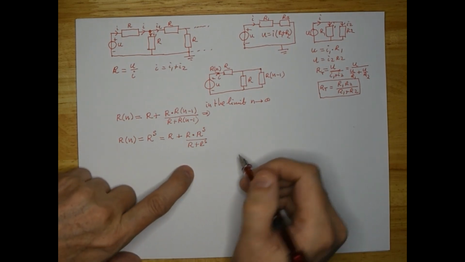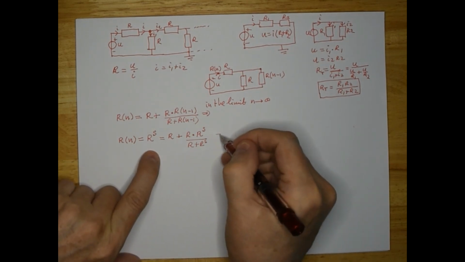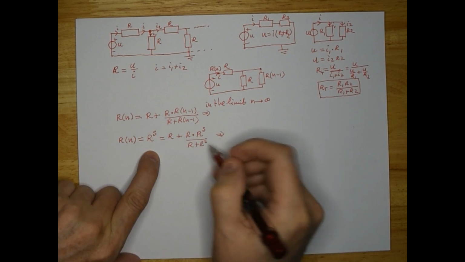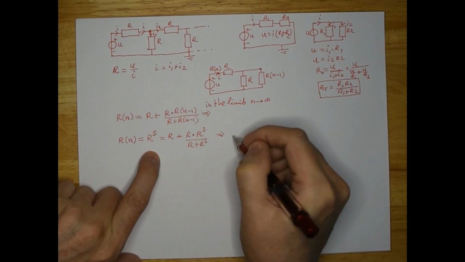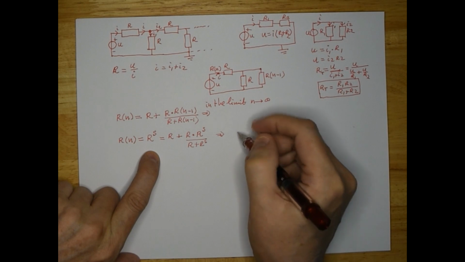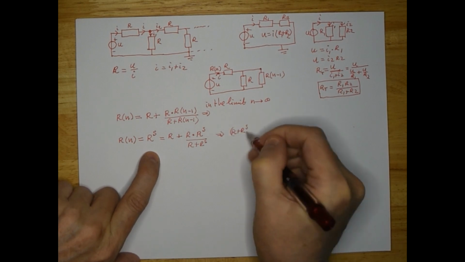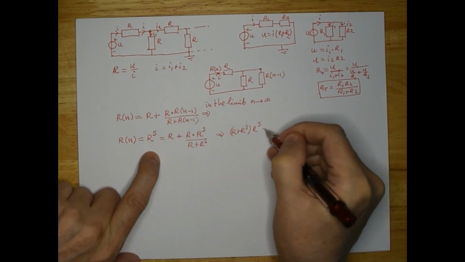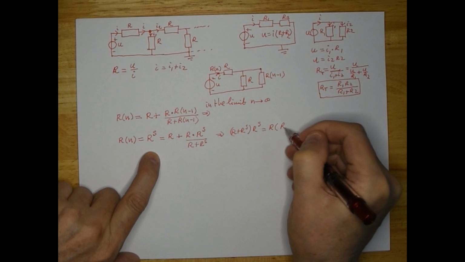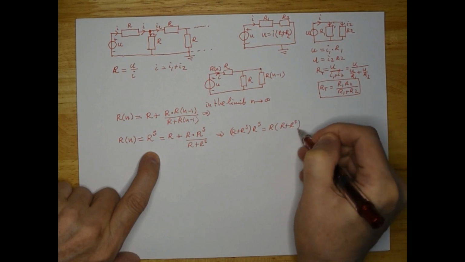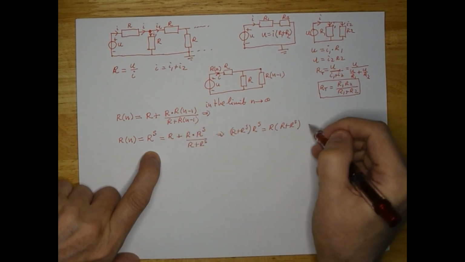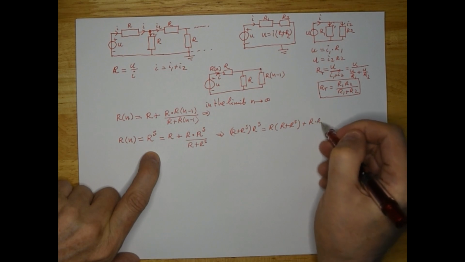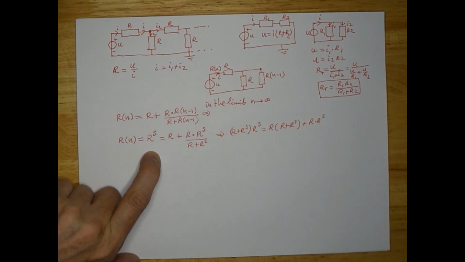Right? So now we can simplify this a little bit. We can multiply left and right by R plus Rs, which we will do. And then we will get R plus Rs times Rs on the left hand side equals R times (R plus Rs) here plus R times Rs. Yeah?